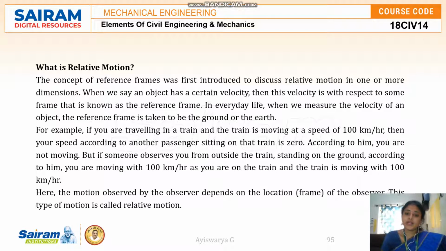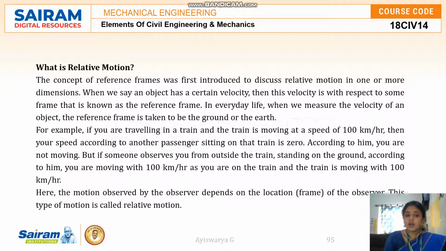So in everyday life, we measure the velocity of an object with a reference frame. Okay, so there will be some reference frame. With respect to that only, everything will be calculated. So for example, if you are traveling in a train and the train is moving at a speed of 100 km per hour, then your speed according to another passenger in the train is 0. Right. So according to him, you are not moving.